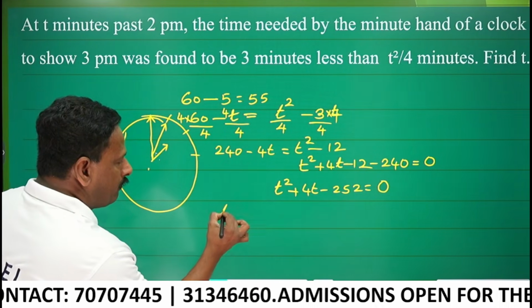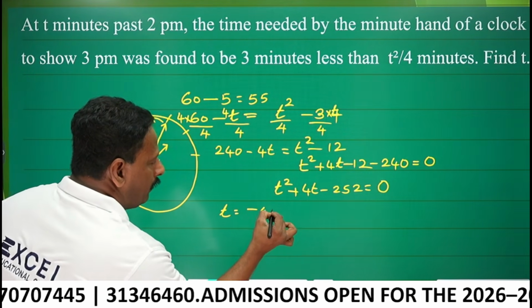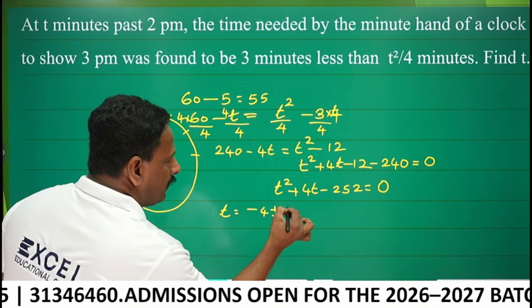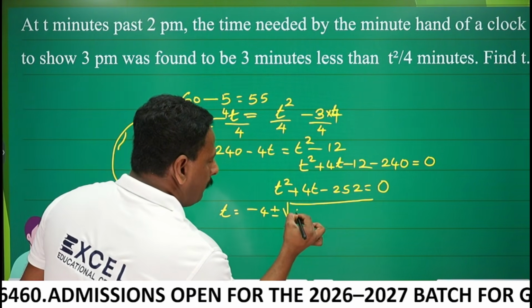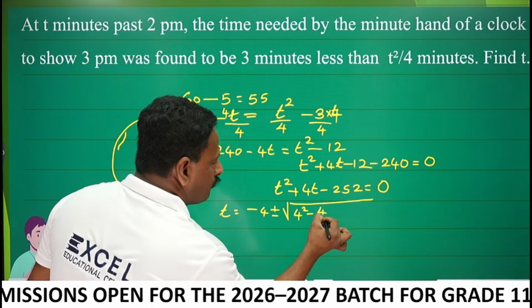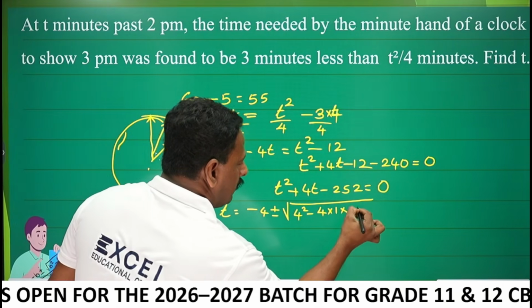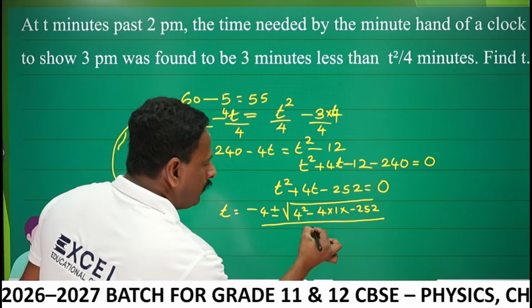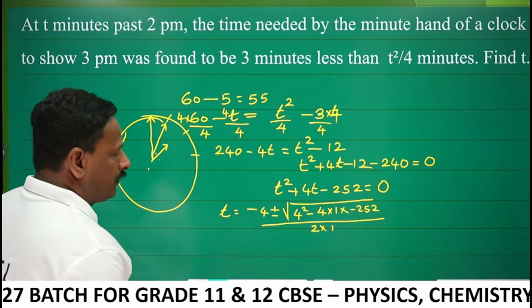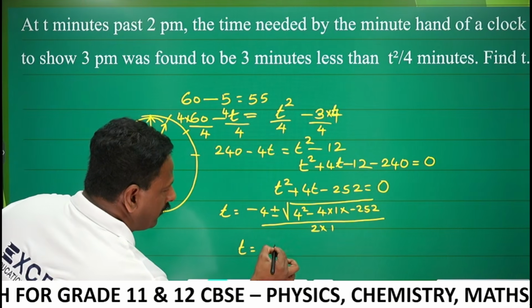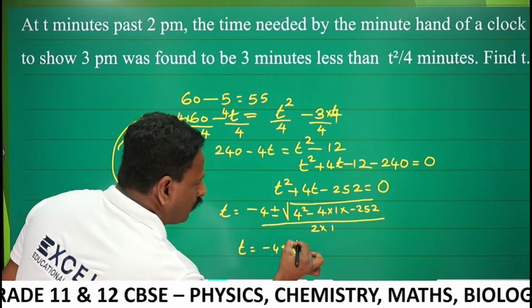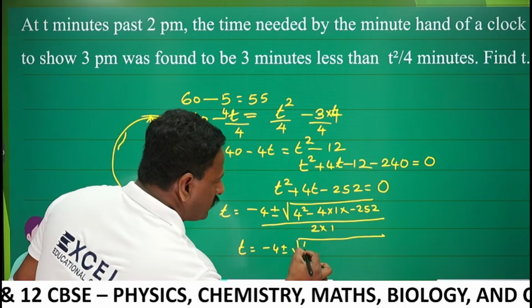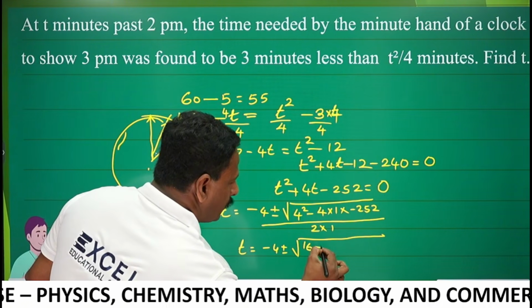So t will be negative b plus or minus root of b square minus 4ac, whole divided by 2a, which will give you t equal to negative 4 plus or minus root of 4 square is 16, negative into negative is positive.